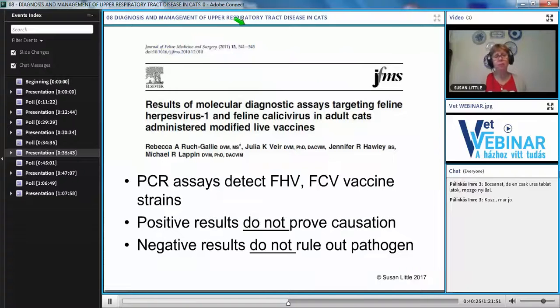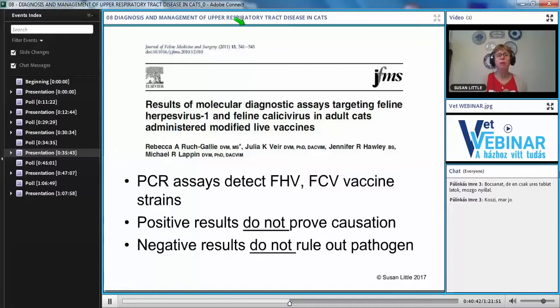And when it comes specifically to PCR panels, we know from some research that was published at least 5 years ago now that the PCR assays on these respiratory panels will detect herpes virus and calicivirus vaccine strains.